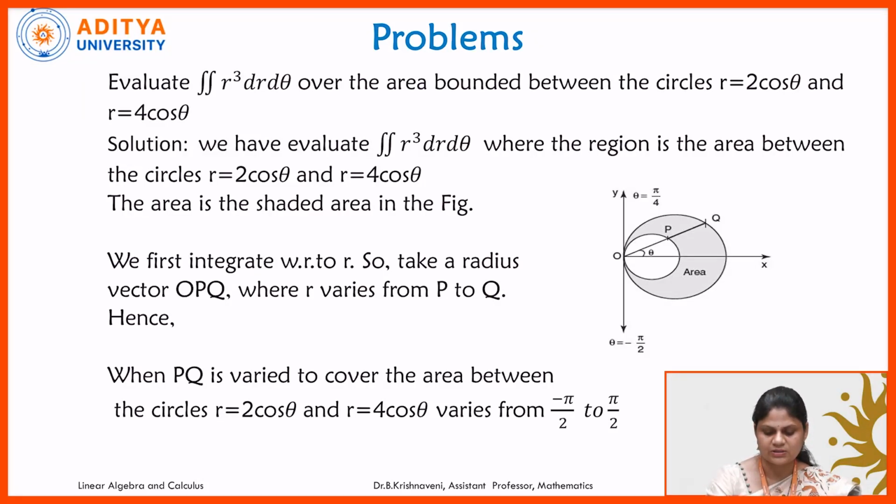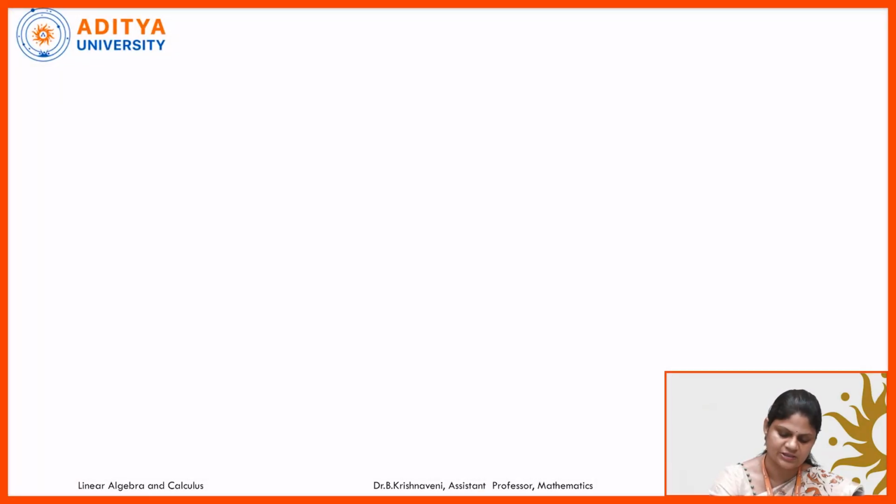The question is: evaluate the double integration r cube dr d theta over the area bounded between the circles r is equal to 2 cos theta and r is equal to 4 cos theta. So in order to see what these circles are, let us understand the circles first, that is r is equal to 2 cos theta and r is equal to 4 cos theta.